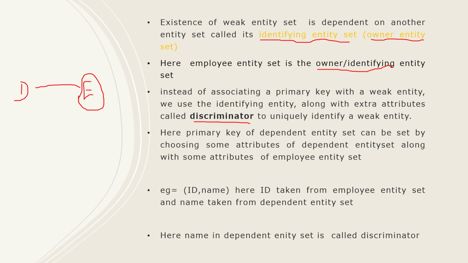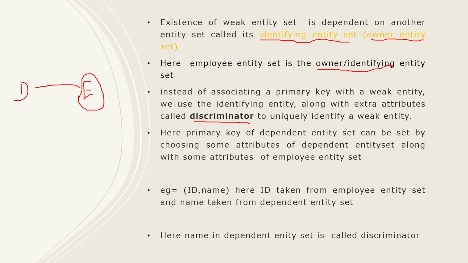That is called a discriminator. That is the meaning of discriminator. So I will read the point of discriminator. We know that a weak entity set does not have a primary key.